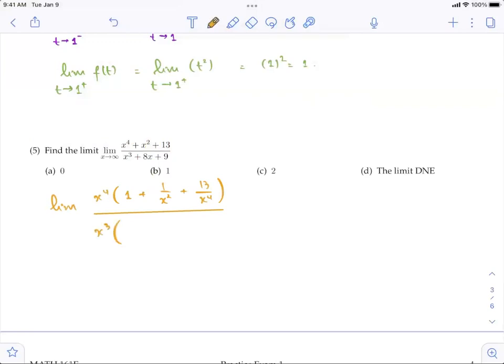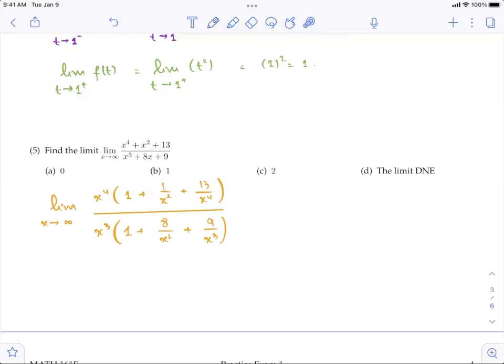You get x cubed times 1 plus 8 over x squared plus 9 over x to the third power. And again, you want to find the limit as x goes to positive infinity.